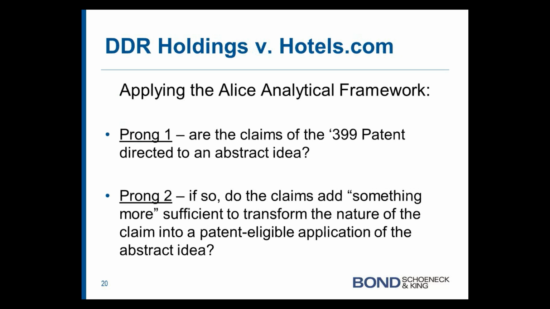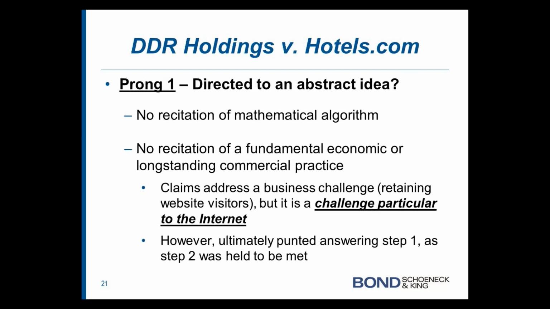They were held at the host website. So the Federal Circuit applied the two-prong framework. Prong one: are the claims of the '399 patent directed to an abstract idea? Again, if yes, do the claims add something more sufficient to transform the nature of the claim into a patent-eligible application of that abstract idea? So the court held, in terms of prong one, is there an abstract idea in this claim?